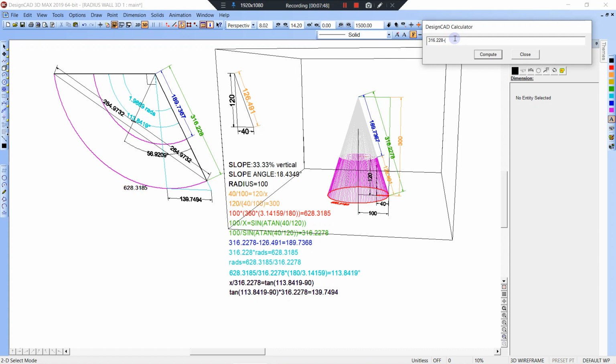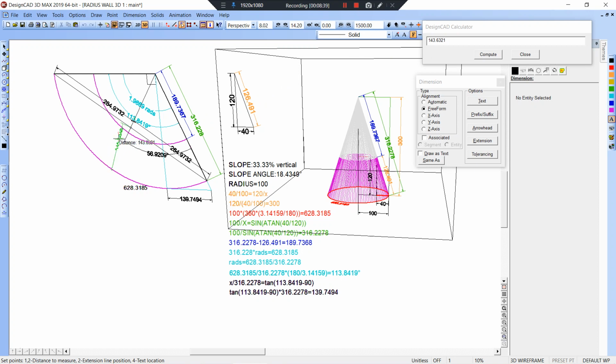We're going to go square root, open parenthesis, 264.97329732 squared minus, backspace, would be 316.228 squared minus this squared, which would give us this squared, and then the radius minus that would give us this dimension, right? 143. We would get 143.